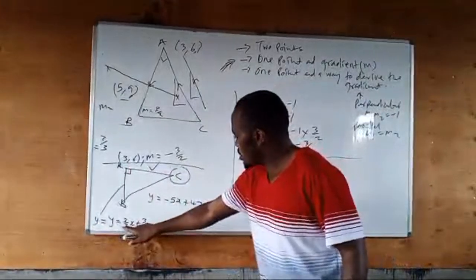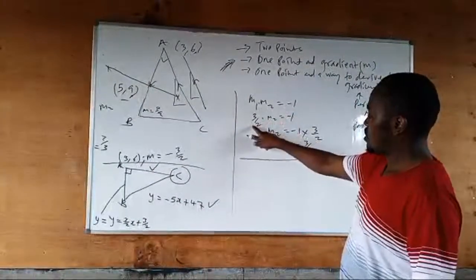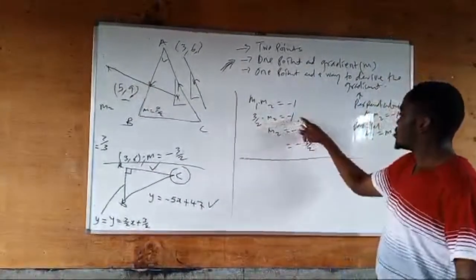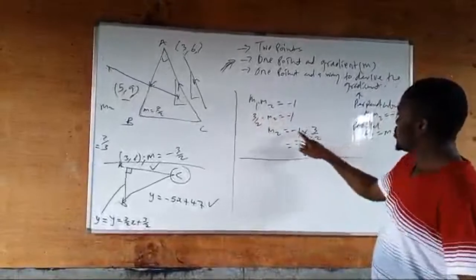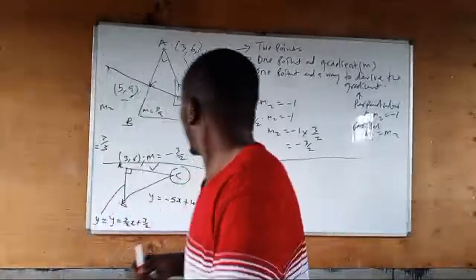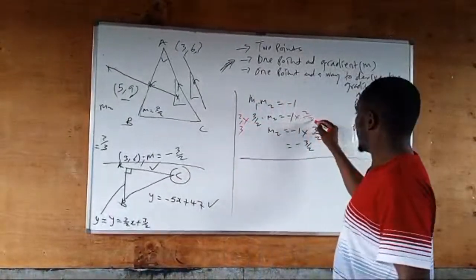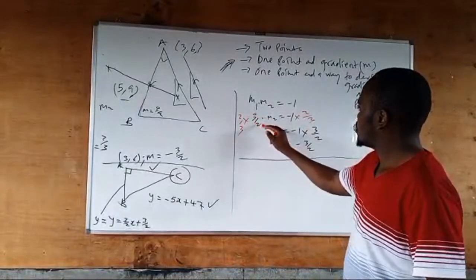Sorry. So this is 3 over 2. Ikikuja hapa 3 over 2, m2 is equal to -1. So wakati unaleta pande hii, you multiply both sides by 2 over 3. Sawa, ndio hii na cancel hivi.